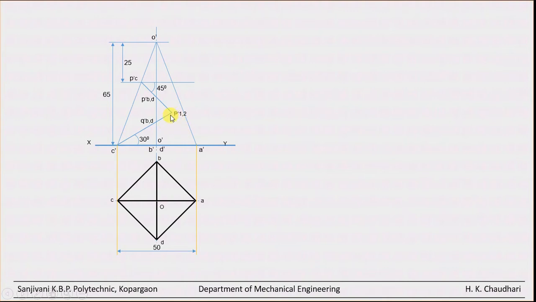Now we have to locate these points on the top view. This cutting plane passes through one of the generators from the AB face and AD face. There will be another point, so we have to locate that.